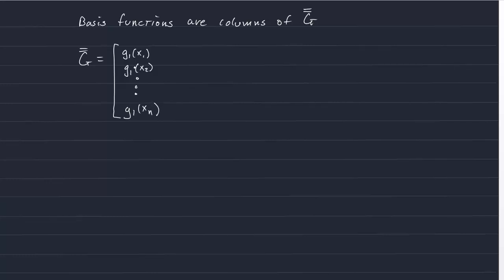So our first column is our first basis function. Likewise, our second column is our second basis function. And then if we have m basis functions, we would go out to the mth column, as such.